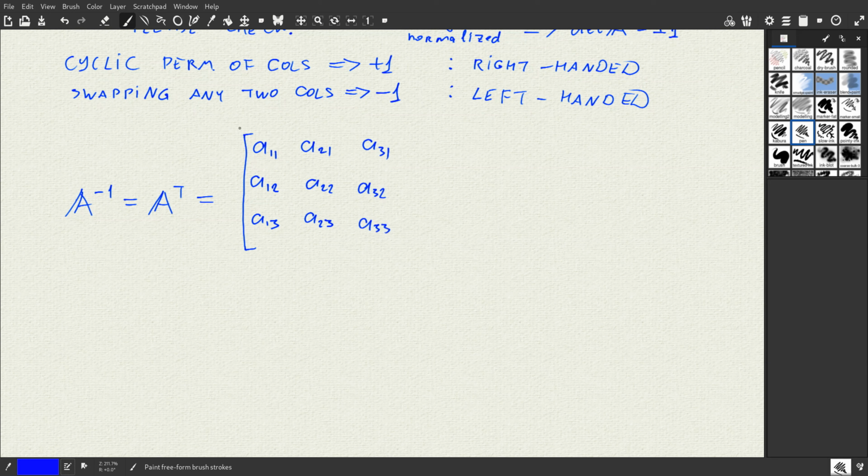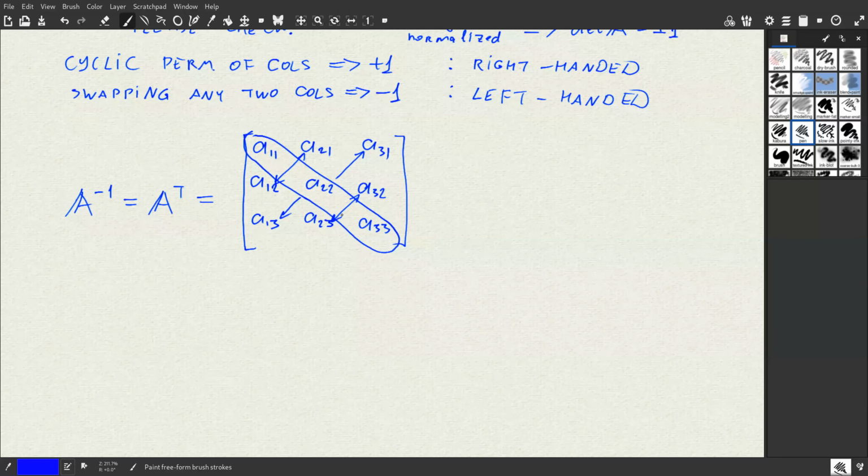The main diagonal composed of A11, A22, A33 remains unchanged, but other matrix elements are just swapped around the main diagonal. That's how we do matrix transposition, actually.